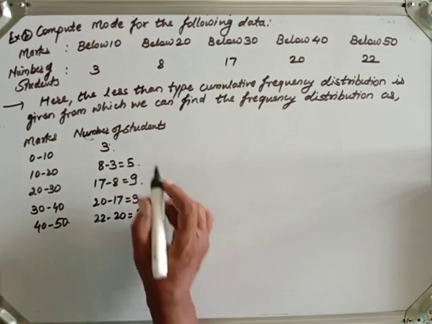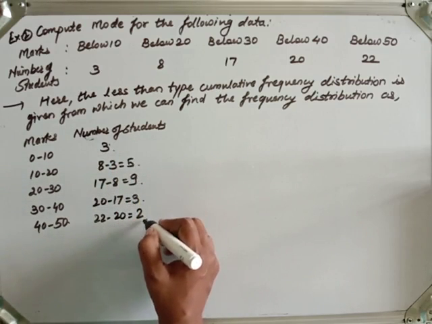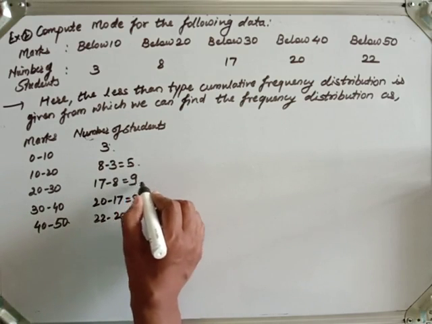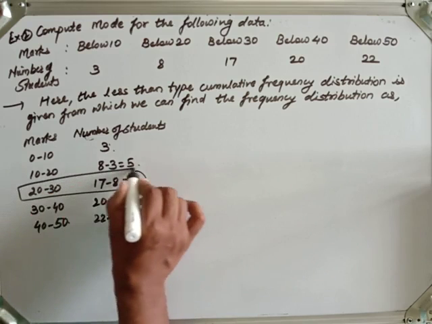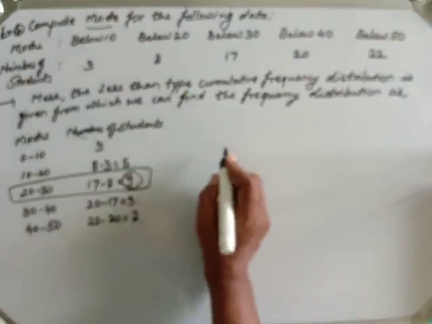Now here these are our frequencies 3, 5, 9, 3 and 2. So from this we can see this 9 is the maximum frequency. So this is our modal class here, and I want to find the mode.